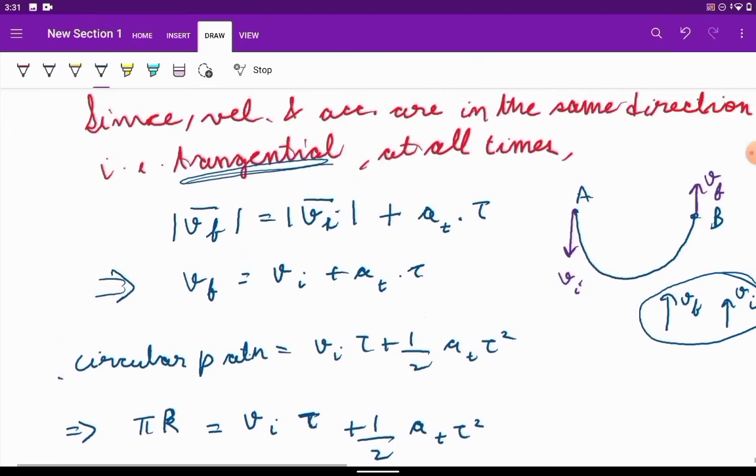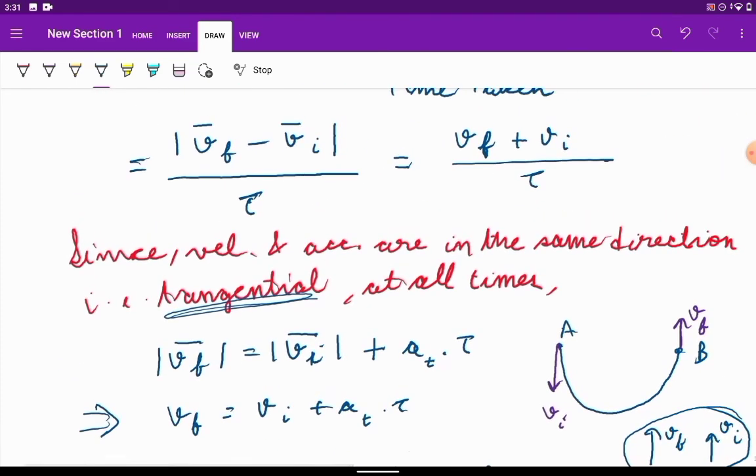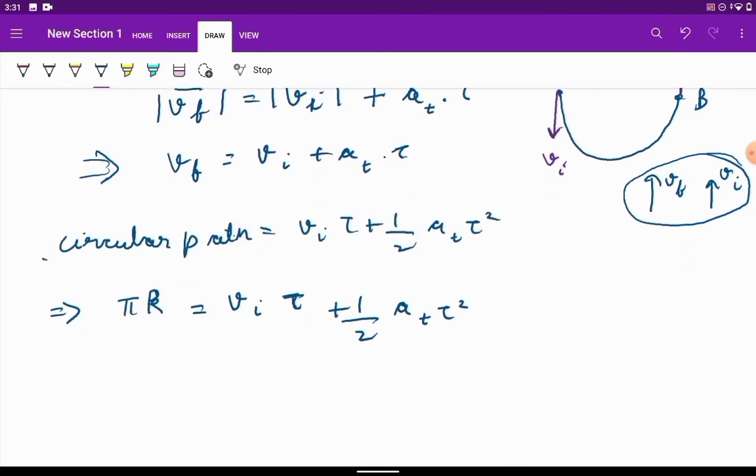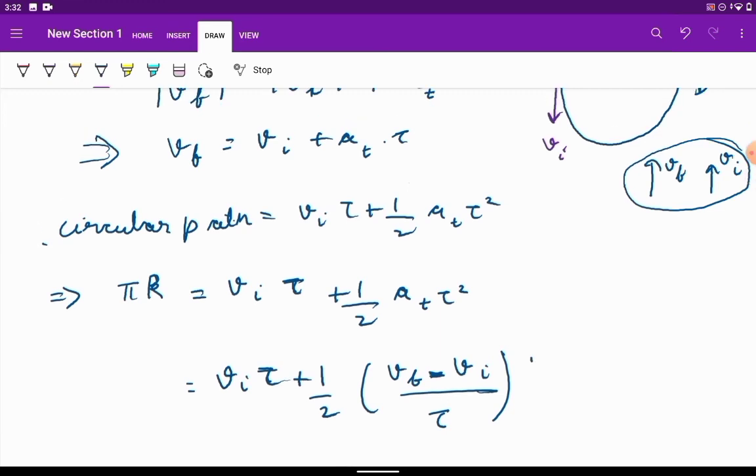What we need to find out is the magnitude of Vf minus Vi by tau. Now we can write AT in terms of Vf and Vi. This becomes Vi tau plus half times AT, which is nothing but Vf minus Vi by tau, into tau square. This cancels out.